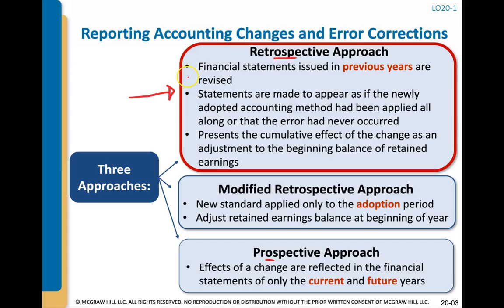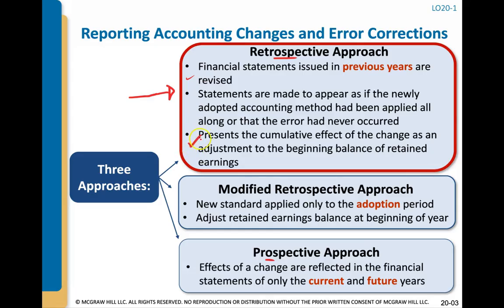When we have a change in accounting principle, we're going to use the retrospective approach. And that means that the financial statements that are issued, the previous years that are shown, are completely revised to appear as if this newly adopted accounting method has been in place all along and it's never been changed. So the numbers just kind of flow and you can compare the numbers year over year.